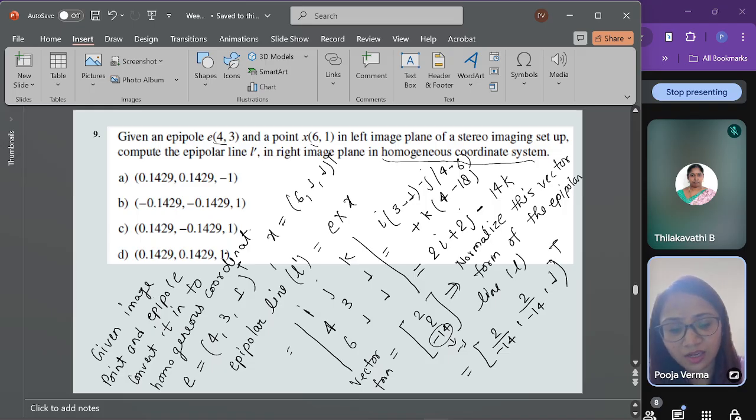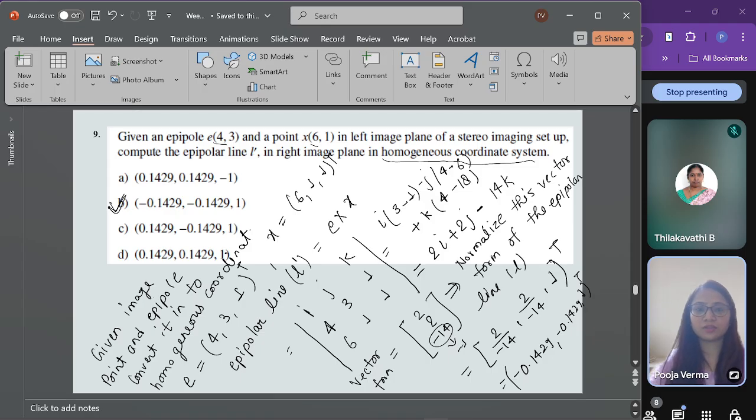Now, if you just divide by minus 14, you will get minus 0.1429, here also minus 0.1429 and 1 transpose. So this is our epipolar line, minus 0.1429, minus 0.1429 and 1. So from here you can see that option B is the correct answer for this question.